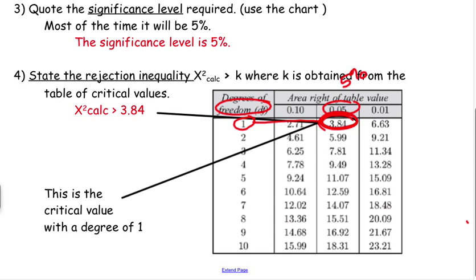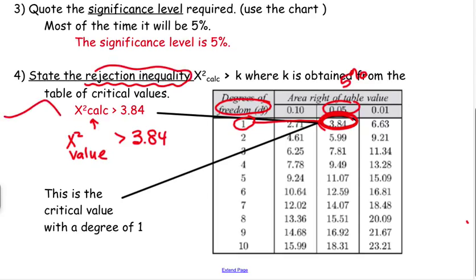Is our chi-squared value, when we go out and calculate it with the formula, greater than 3.84, or is it less? Remember how we had that picture, with that line and the area under the curve? This would be the rejection region.